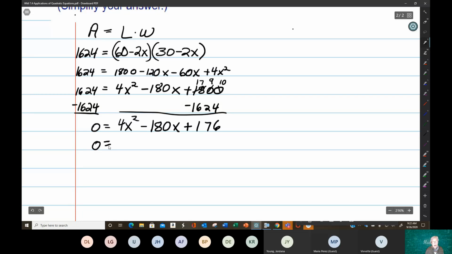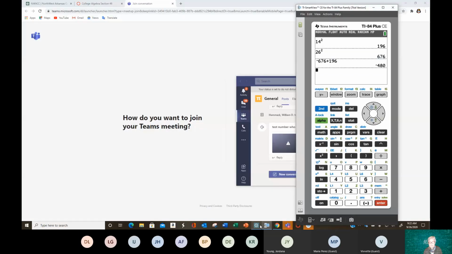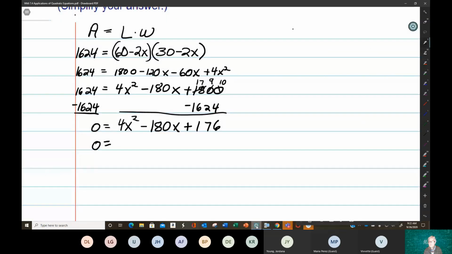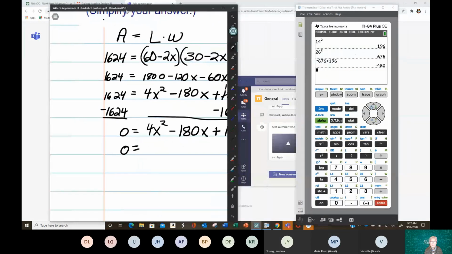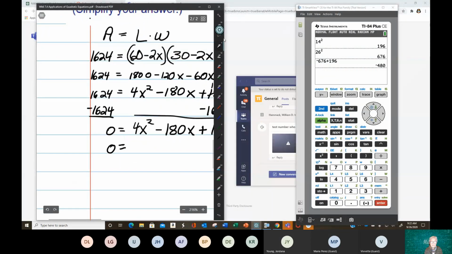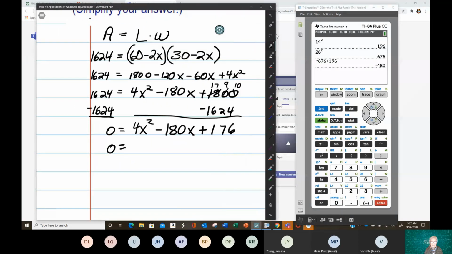All right, now, I do know that 2 will go into all three of these numbers. Let's see if 4 will go into them. Okay, 4 of course will go into 4. 180 divided by 4 is 45.